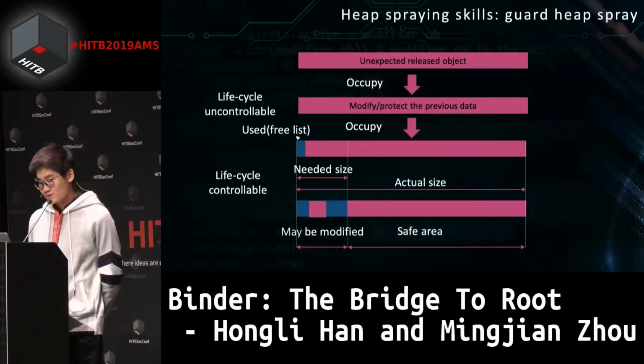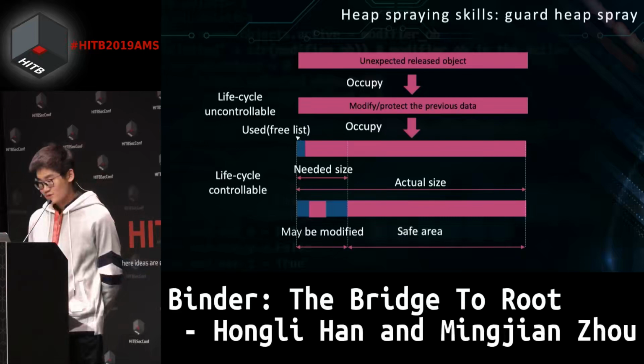Here I would like to show a better spray for this vulnerability. We find a heap spray structure around the binder driver context. The code and the flags shown on the left side have the same offset as the data in the binder buffer.